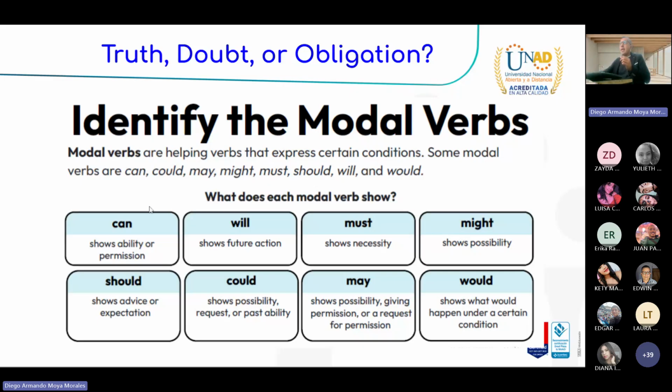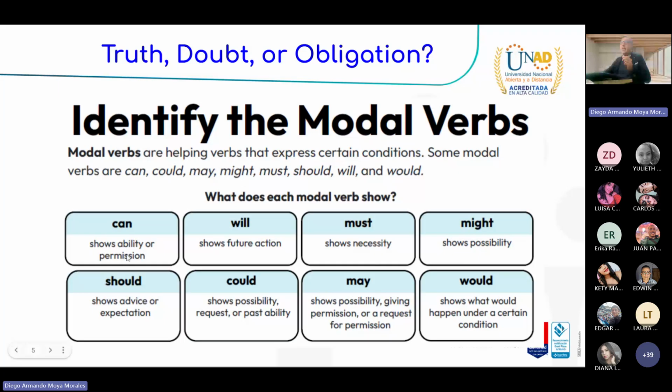So we have can, should, will, could, must, may, might, would, and some others that are not included here, but these are the most popular ones, the most common ones. As you mentioned in the chats that I could read, depending on what you want to express, you use one of these modal verbs, right?